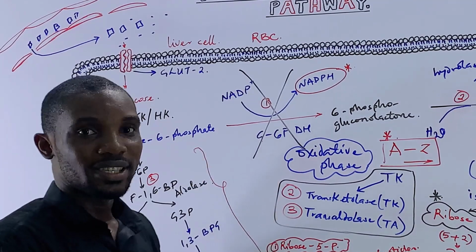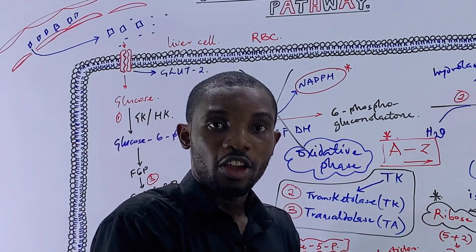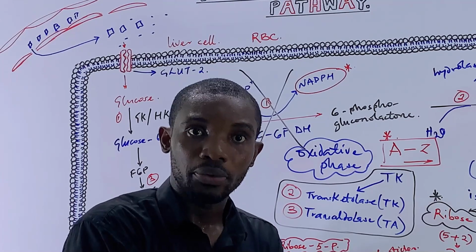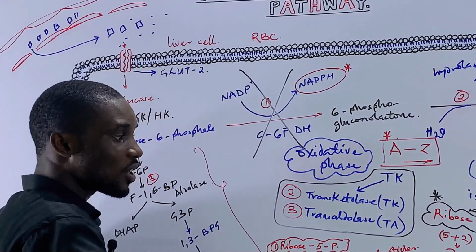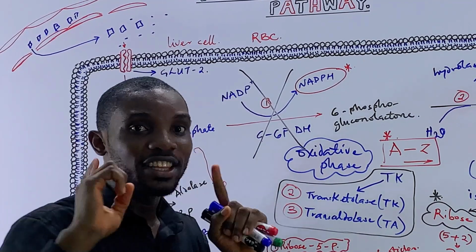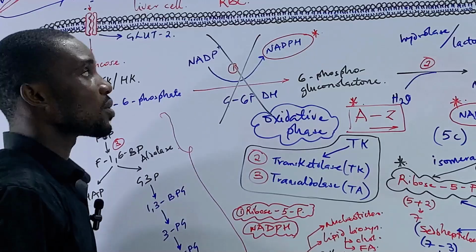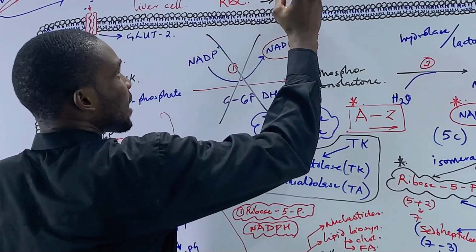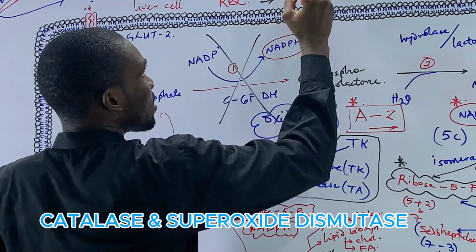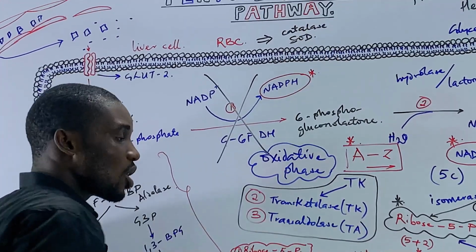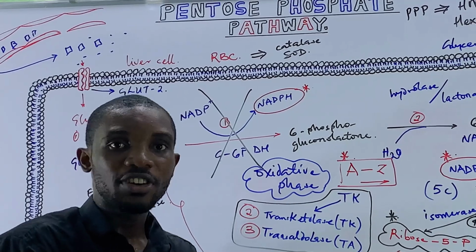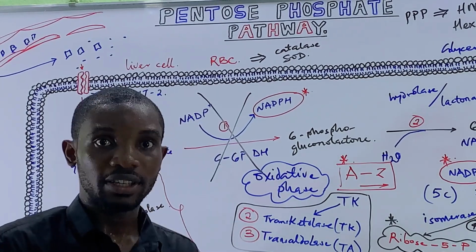However, the red blood cells depend on glutathione for free radical mop up, right? So glutathione is the only antioxidant in the red blood cells. However, other cells have enzymes like catalase, superoxide dismutase, which can mop up free radicals and convert them back to water, right?